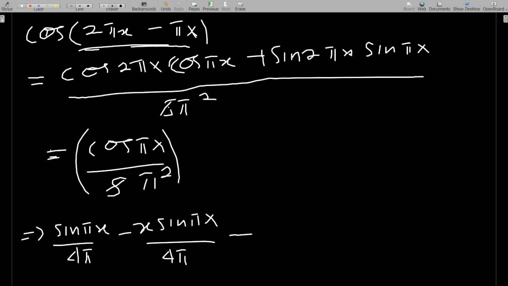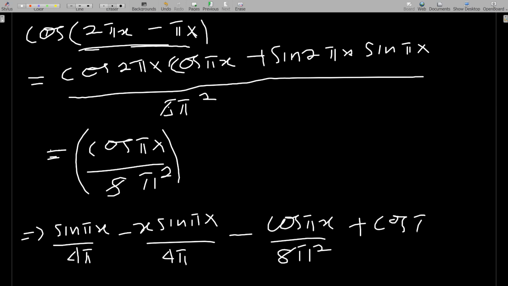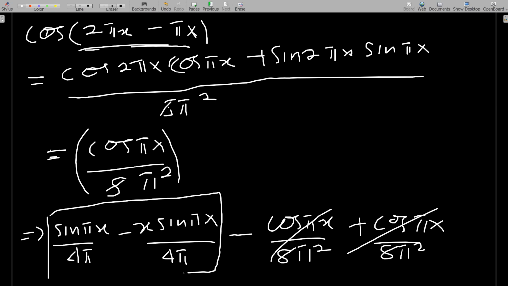So minus cos pi x over 8 pi squared, then plus cos pi x over 8 pi squared, and this will take this away. So I have only this thing. That's why I said this is just 0.